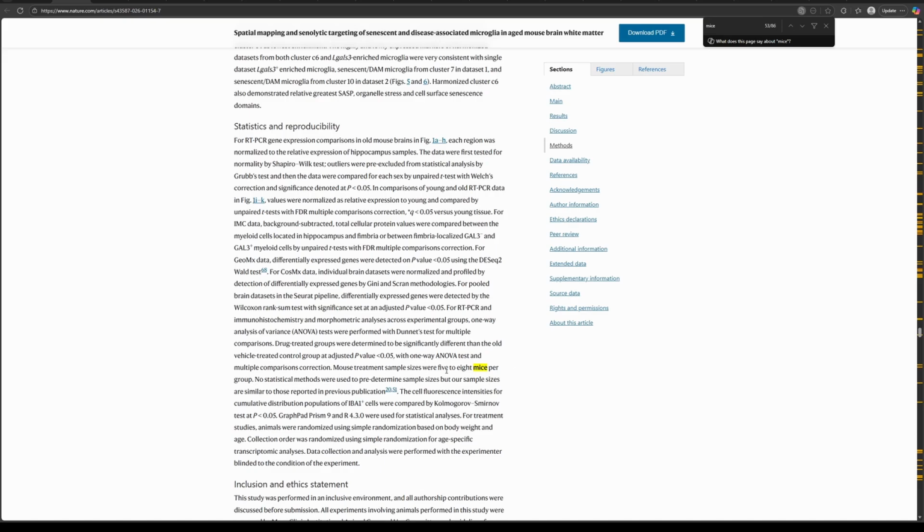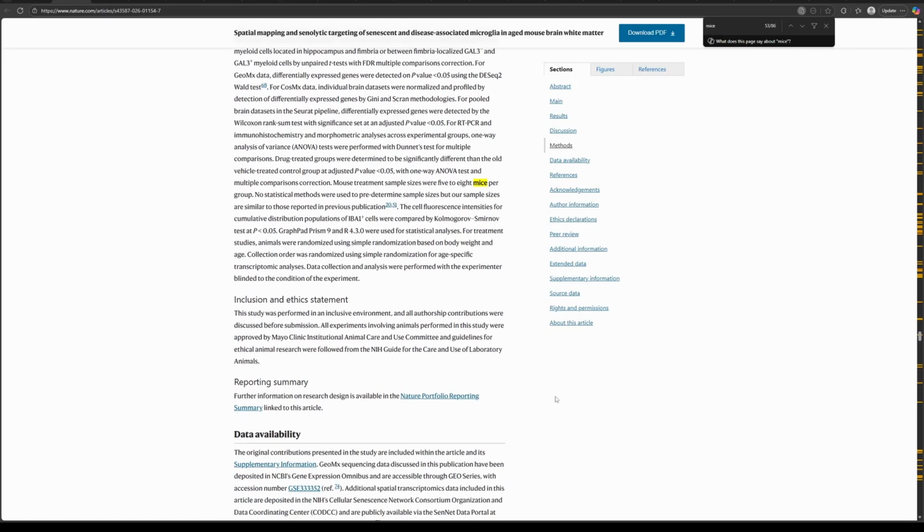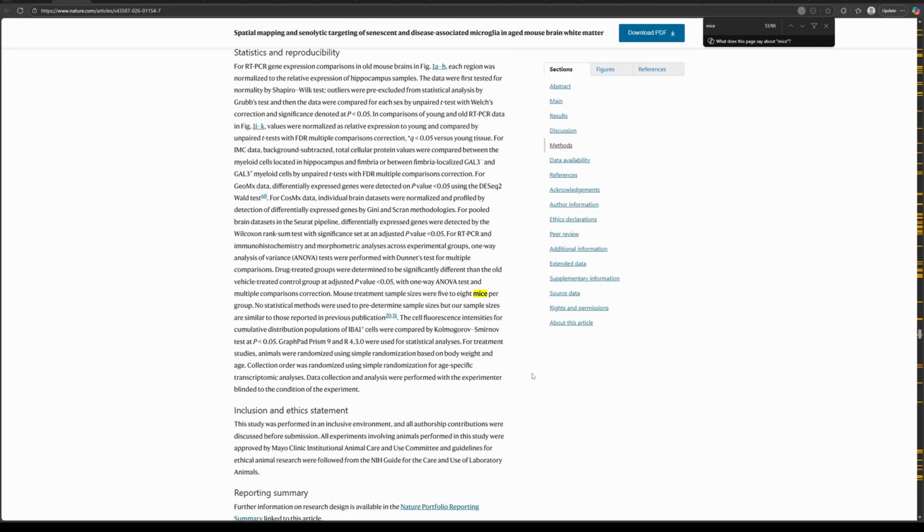Mouse treatment sample sizes were 5 to 8 mice per group. Oh, that's tiny. Per group, but how many total? Okay, they're similar to previous publications, so that's good at least.